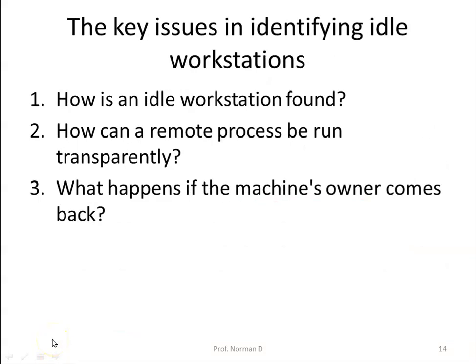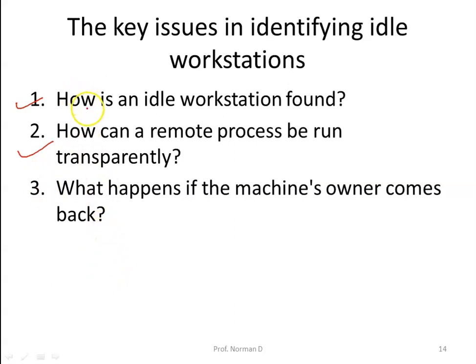Now, the key issues in identifying the idle workstation. We'll be discussing basically three questions here. We require to know how to identify an idle workstation, how a remote process can be run transparently, and what happens if a machine owner comes back on which some remote process is being executed.